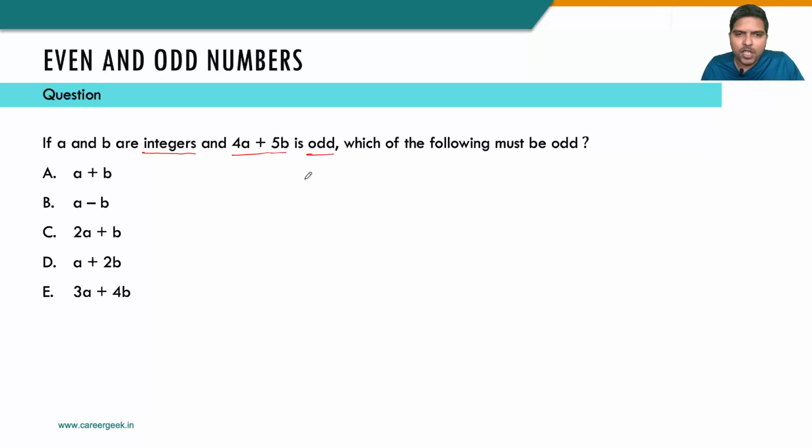Now we know that 4a is always going to be even. This is the first thing that we have to understand. Because there's a 4 multiple, irrespective of a being any integer, you will always get this as even. Now the question says that the sum is odd. Now we have a scenario where even plus something is odd.